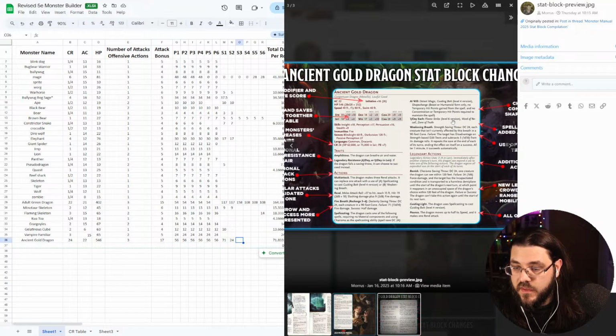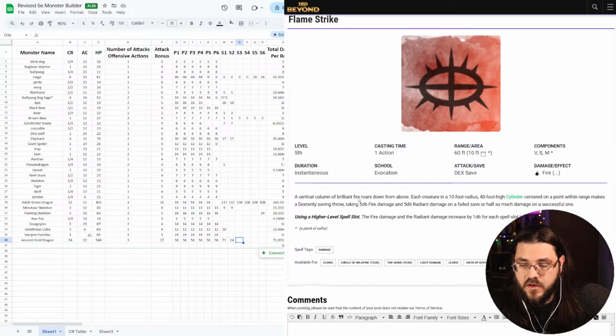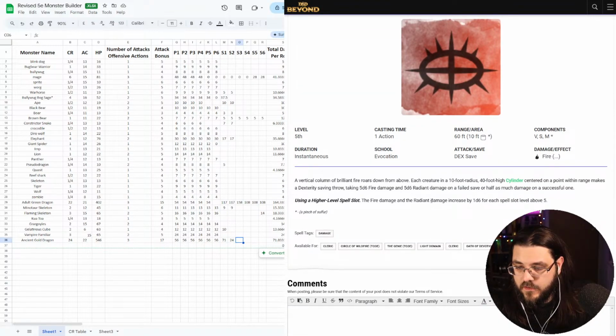Flame Strike for this one is level 6. So that would be 6d6 and 12d6 total damage. So it's 12 times 3.5 is 42. So that probably is worth it for the AOE. So we'll get rid of one of the uses of its rends.